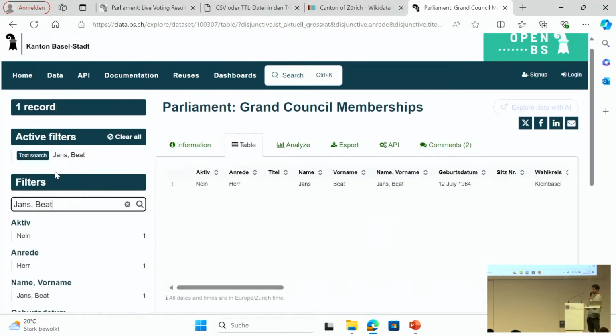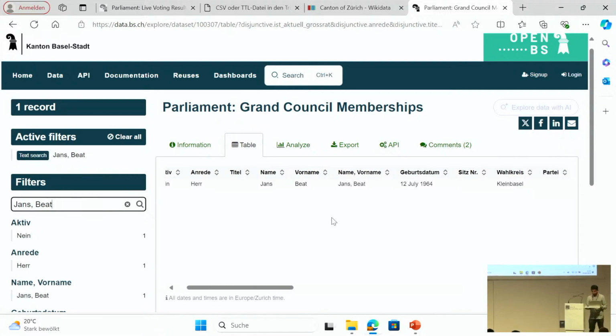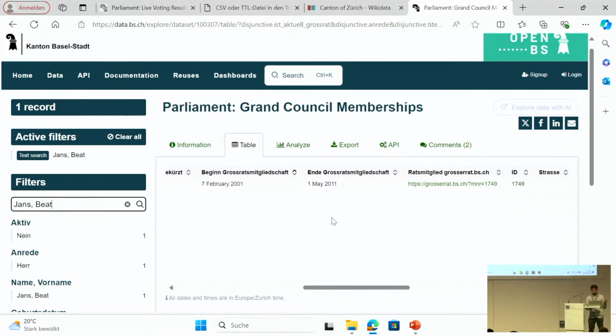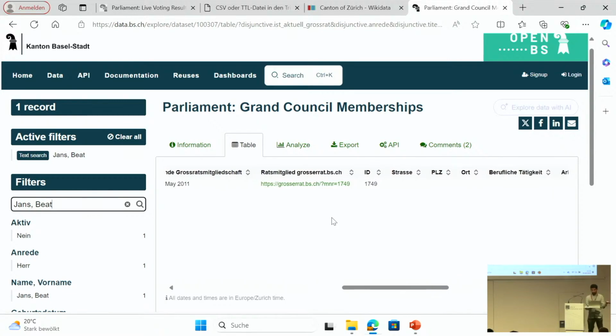Our Bundesrat, Beat Jans. So he was a member of the parliament once. He isn't anymore, of course. And as you see, some of the data isn't followed on anymore. What party he's in and what place he lives in, Basel. And this is because they can't follow this.